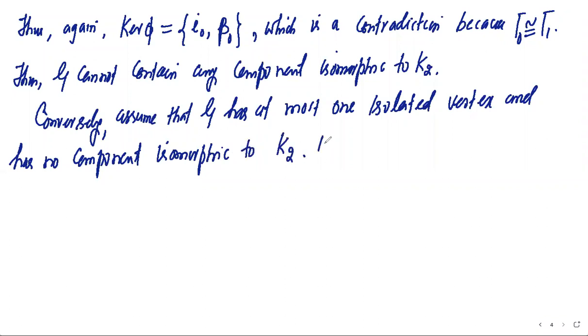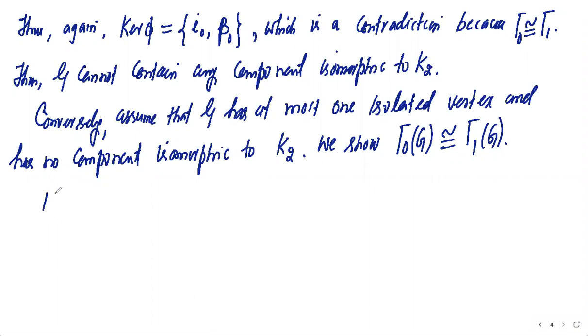So we show gamma 0 of G is isomorphic to gamma 1 of G. That means we have to show that the vertex automorphism group and the induced edge automorphism group are isomorphic.